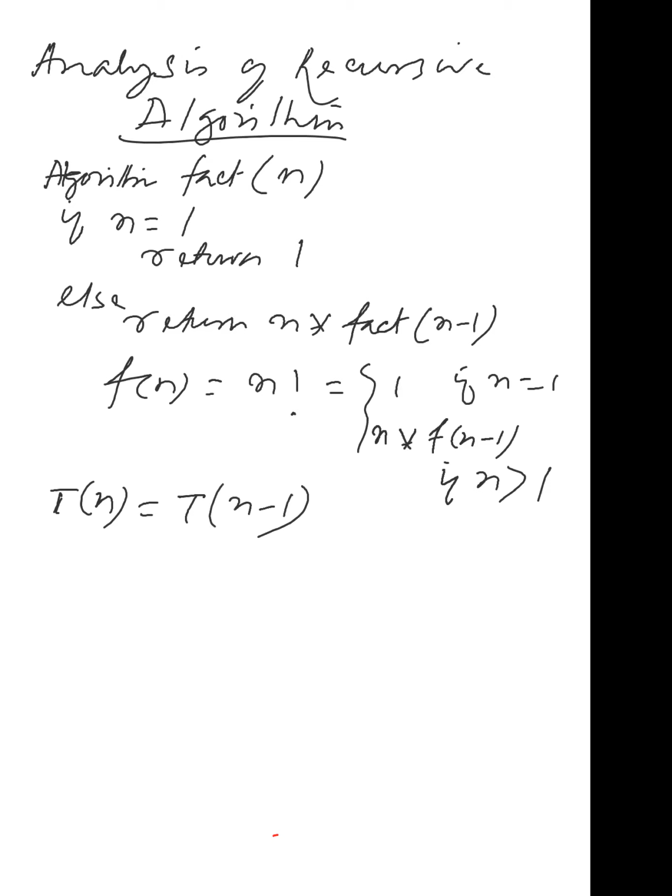And there is a multiplication operation in each call, the n into f(n minus 1), so for that it is 1. And then the base case. This is the way by which we can perform the analysis.